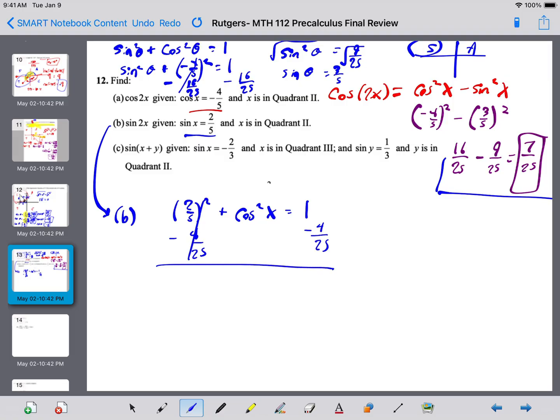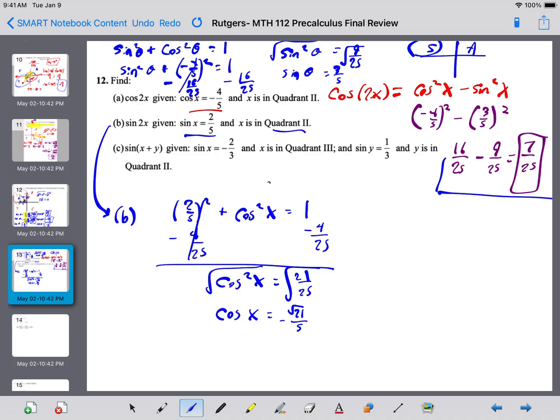So now we have cosine squared of x equals 21 over 25. Take the square root of both sides. Cosine equals square root of 21 over 5. And now that we have cosine, because it's in quadrant 2, you would make cosine negative.